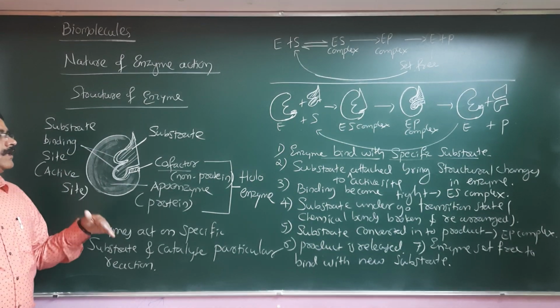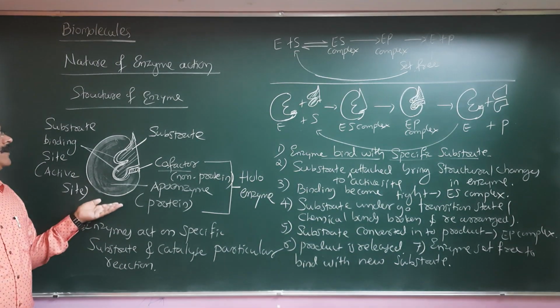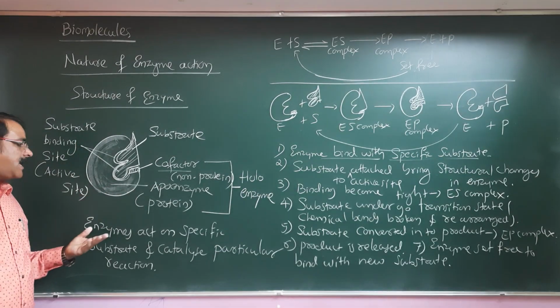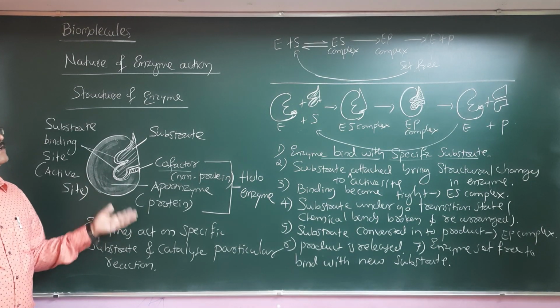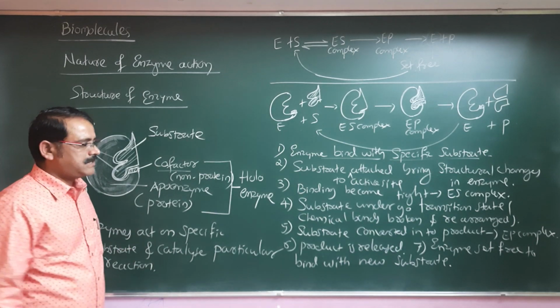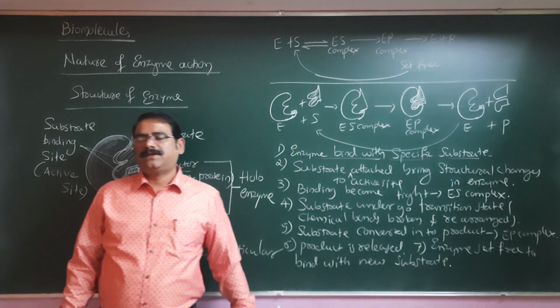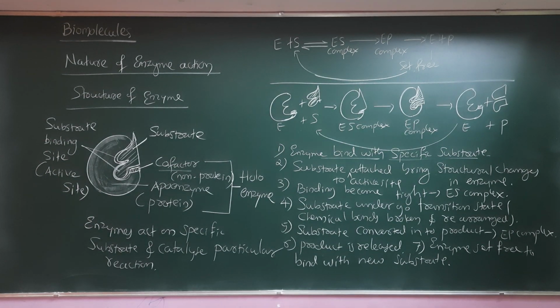So they are all called prosthetic groups, okay? So that's what we say, that mainly the enzyme catalyzes the reaction and reduces the required amount of energy, converting the substrate into product. So this is all about the nature of enzyme action. Well, so I hope you have noted down all these points which are very very important and essential. Fine.